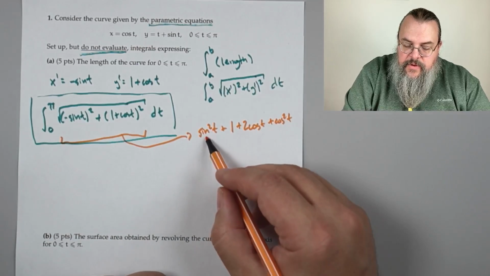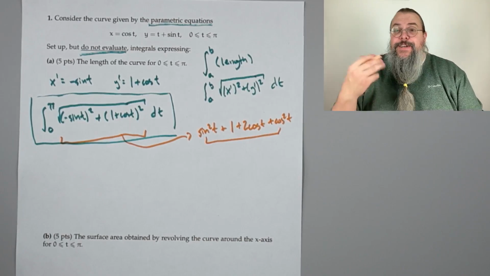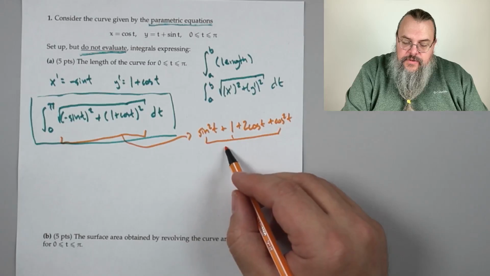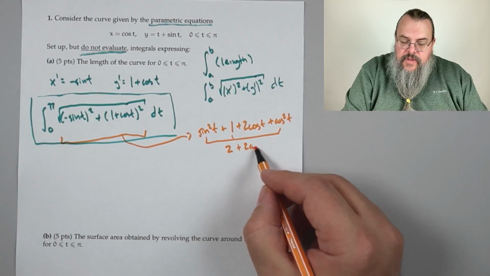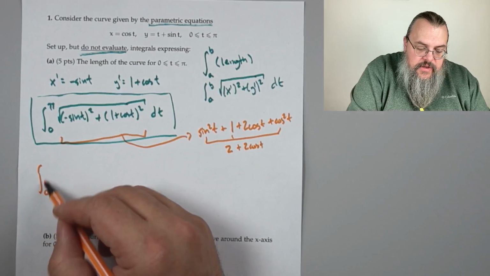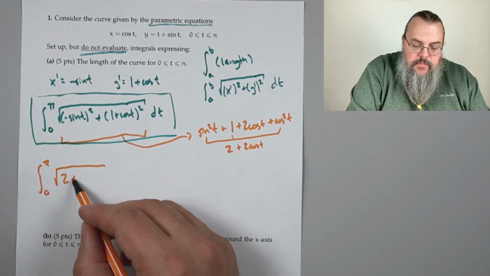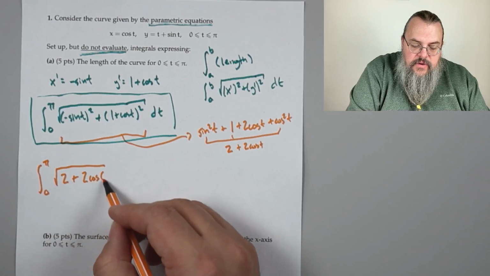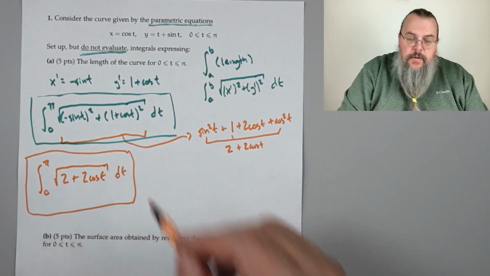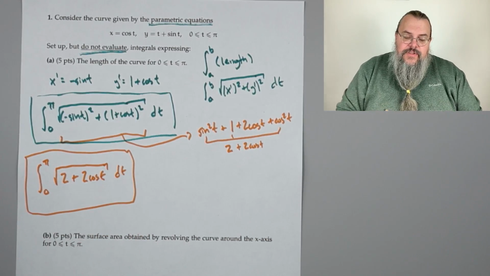And we always say, sine squared and cosine squared, classic, beautiful formula, it's 1. And then there's another 1. So altogether, there's 2, and then 2 cosine t. So we also could have said integral from 0 to pi of the square root of 2 plus 2 cosine t dt. And this would also be correct. They'd both be correct. And so there we go.